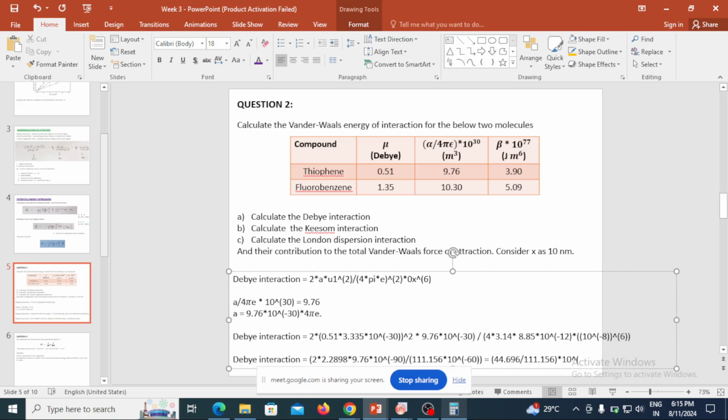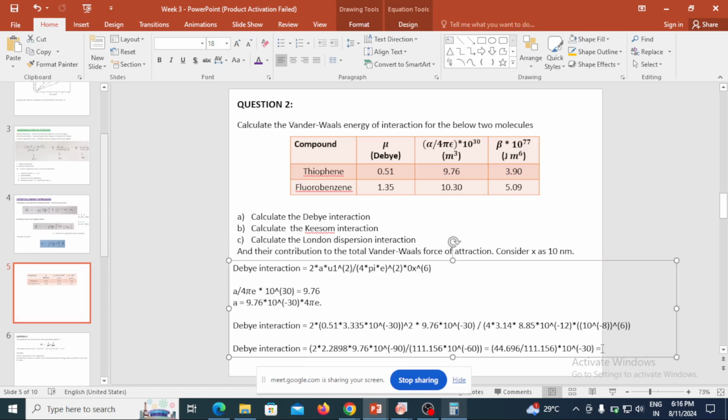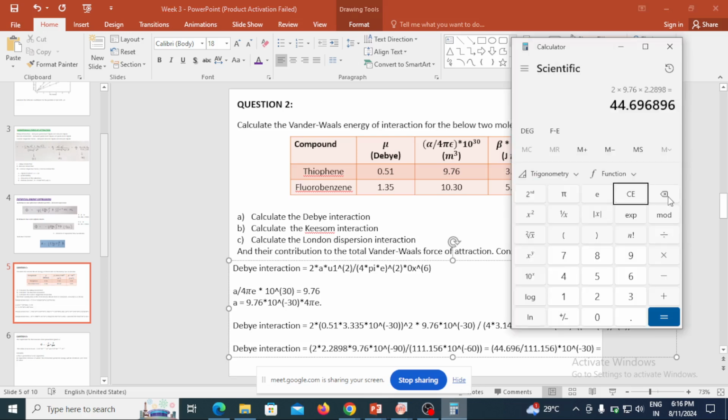So you have minus 90 in the numerator and minus 60 in the denominator. So when the minus 60 goes up, it will become 10 to the power minus 30. So you have to divide this now, this divided by 111.156, 0.402.